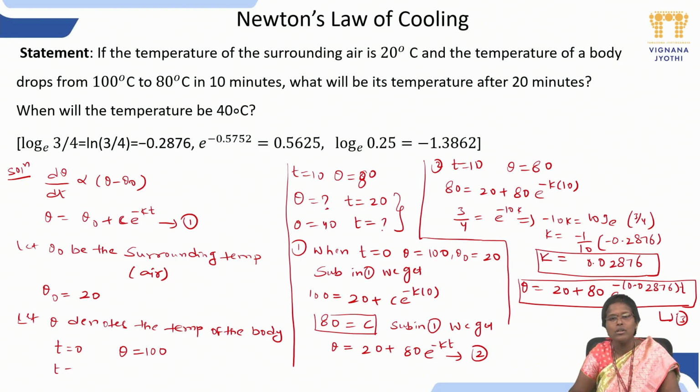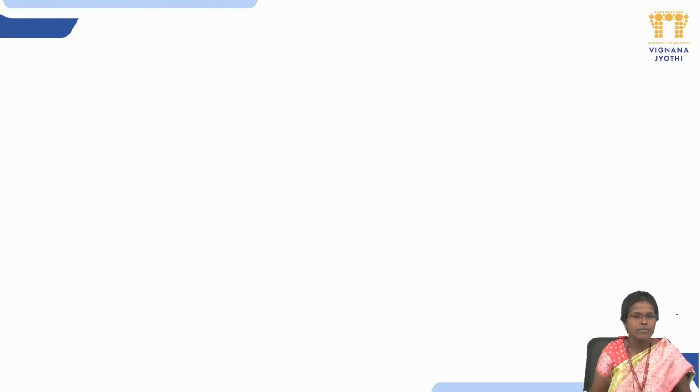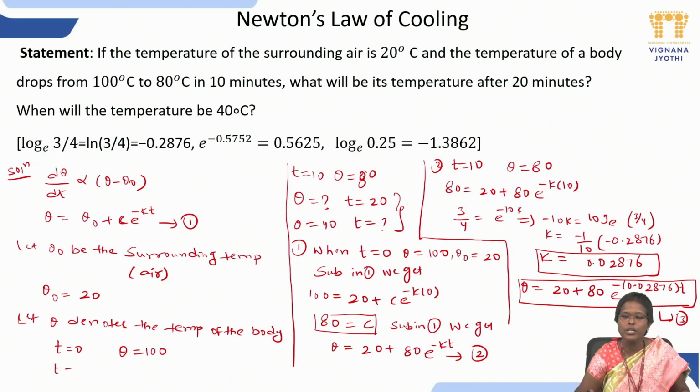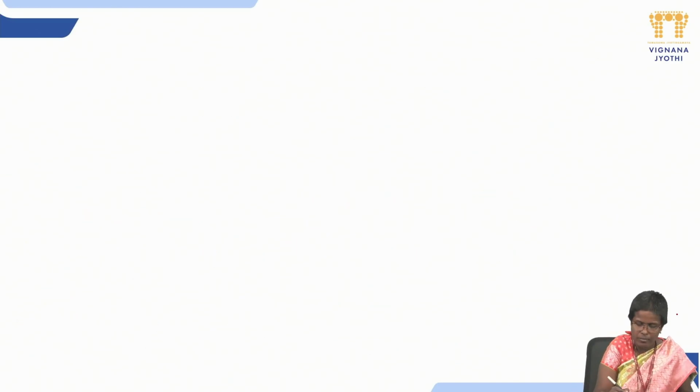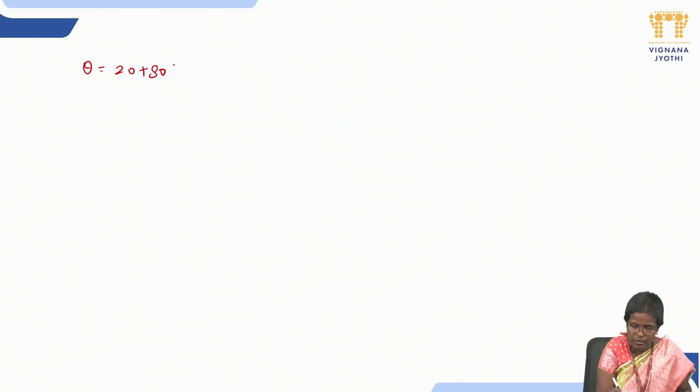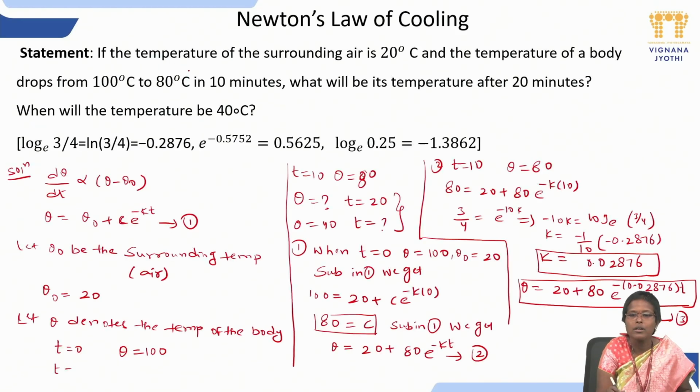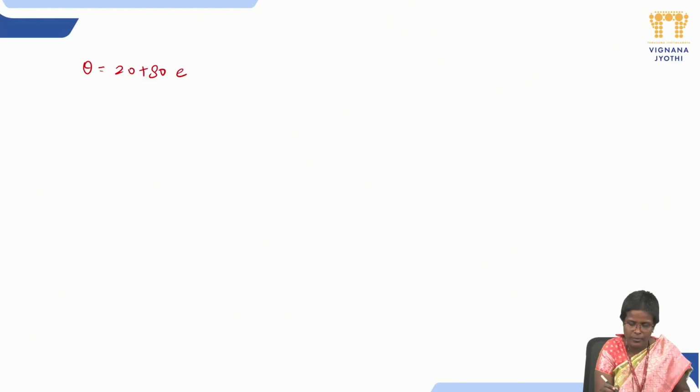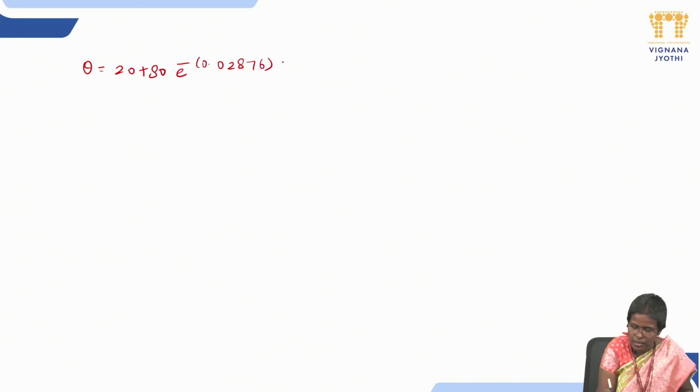Right. Now, what is our duty? Theta equals what we have got? 20 plus 80 e power of minus 0.02876 into t, from the previous slide.